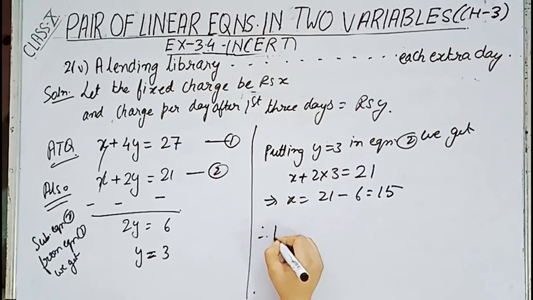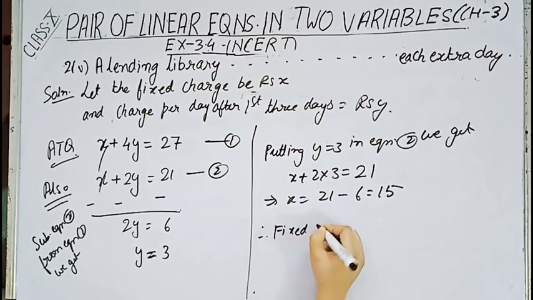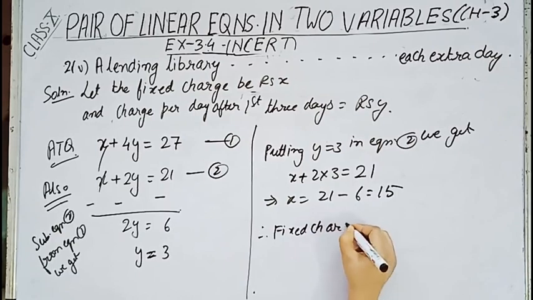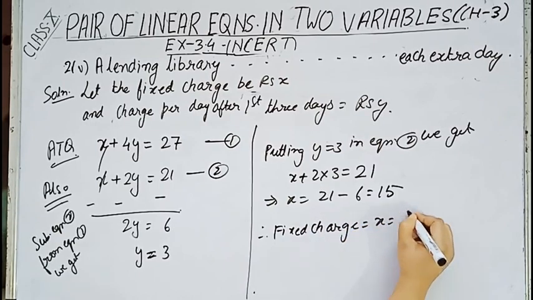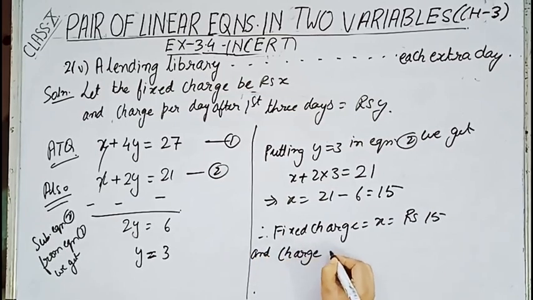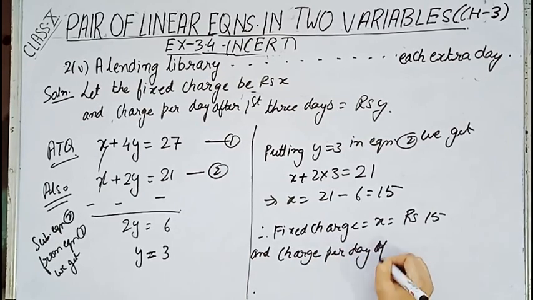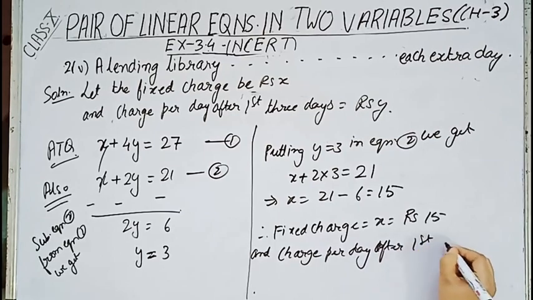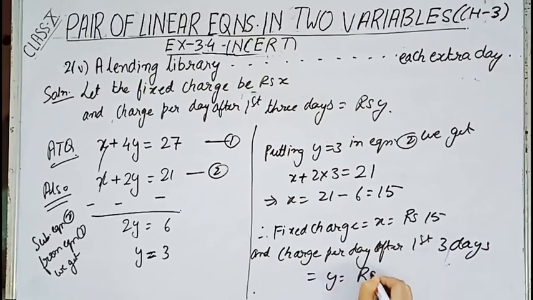Therefore, fixed charge equals x equals rupees 15, and charge per day after the first 3 days equals y equals rupees 3. Answer.